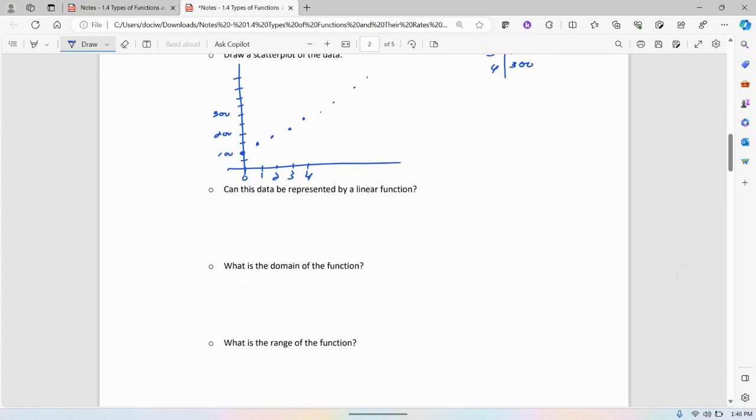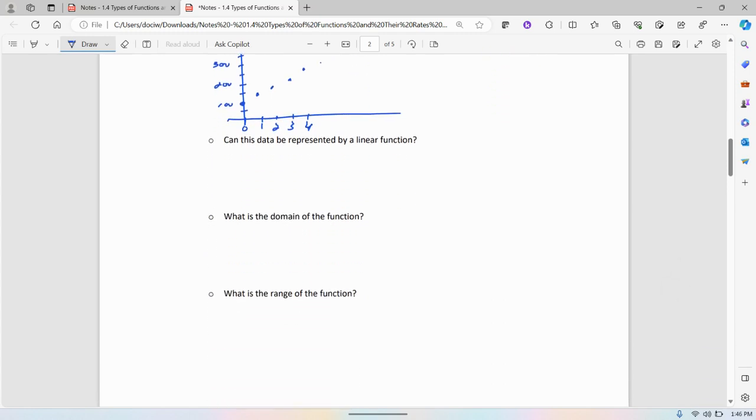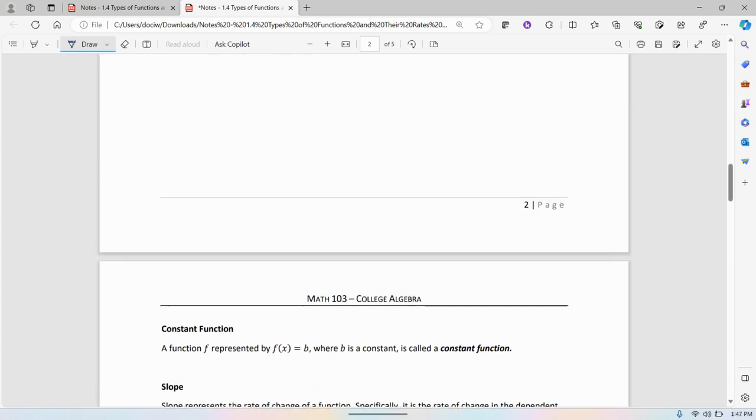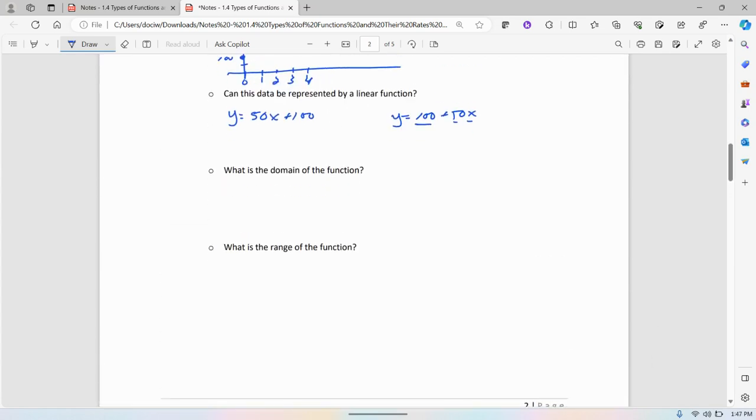The linear function, we're adding $50 each week after starting with 100. Personally, I like writing this y equals 100 plus 50x, right? I start with 100 and I add $50 each week. To me, that makes more sense. And in some applications, it's fine to write the equation that way.